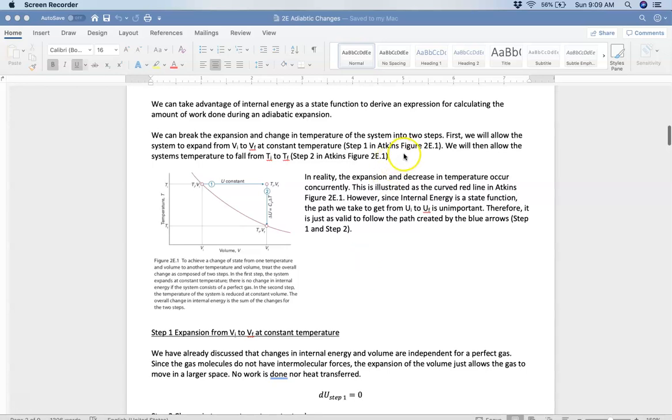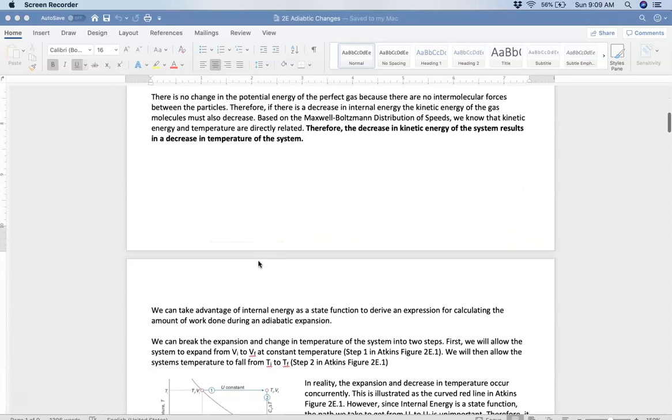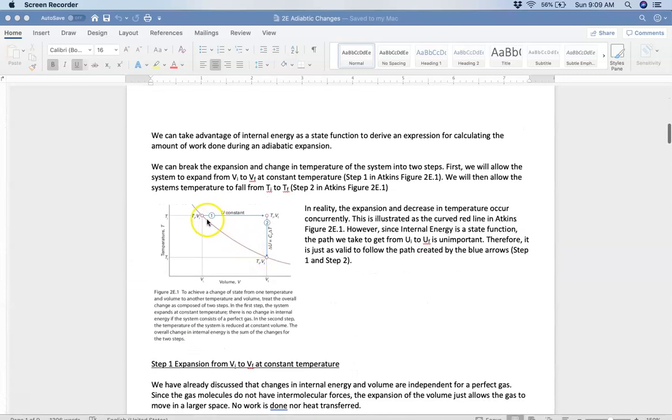So we know that internal energy is a state function, and this is going to help us calculate the changes that go on when the system at T1 expands adiabatically. If we look at what's happening, we're starting at an initial temperature with an initial volume, and as that volume changes to the final volume, so we have this expansion, the temperature is dropping.